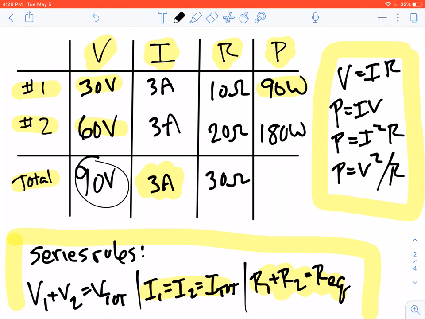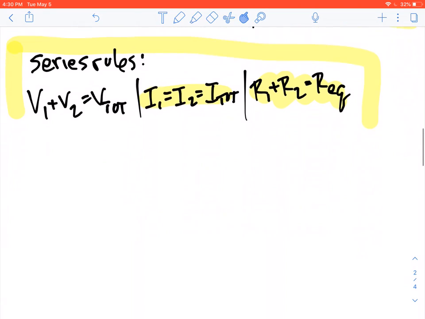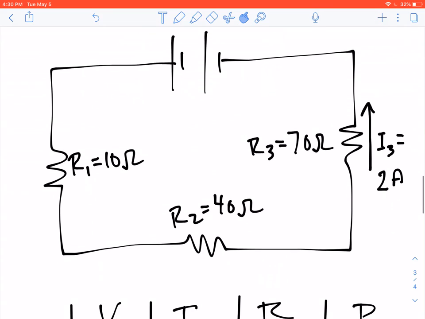I could add those together and get 270 watts, or I could go horizontally and do 3 amps times 90 volts, doing these guys here, and get the 270 watts. Doing it both ways, horizontally and vertically, gives you a way of double checking your work.